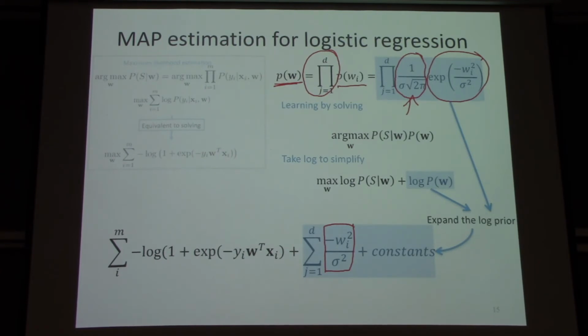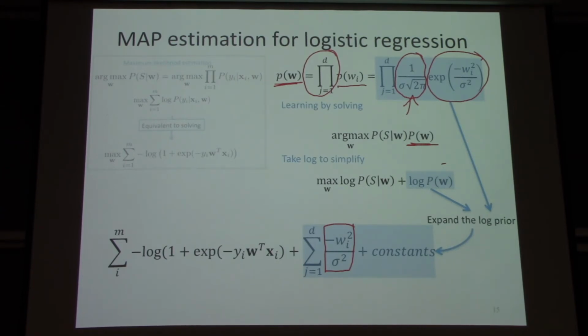So let's consider two options. What happens if sigma is really small? What are we saying about the nature of this Gaussian? Is it very wide or is it very narrow? It's very narrow. If sigma is really small, what we are saying is, I don't like it if my weights go too far away from the origin, because the prior, this term here, forces weights to be close to the origin.